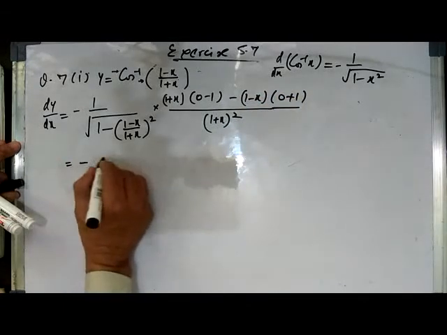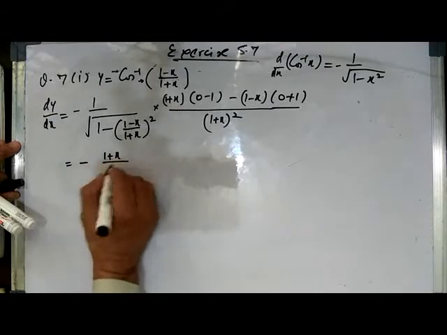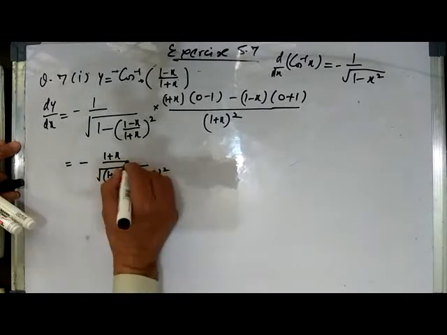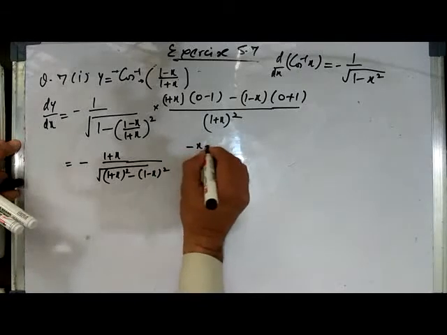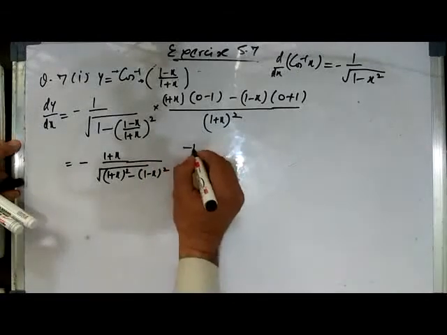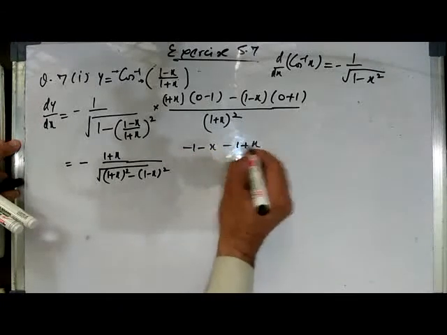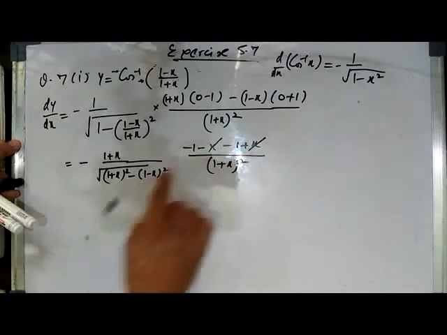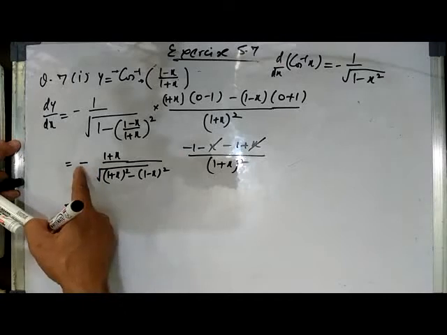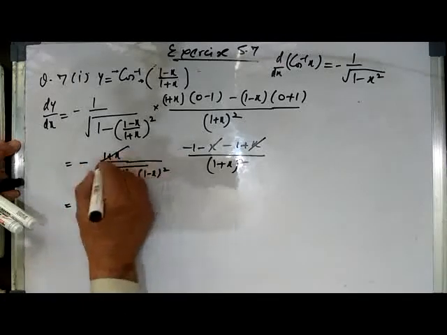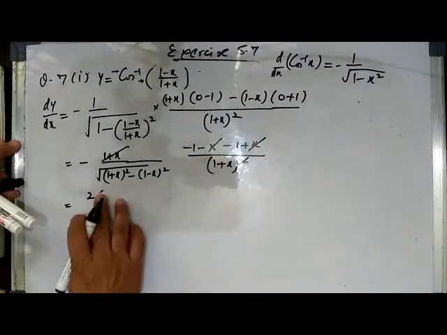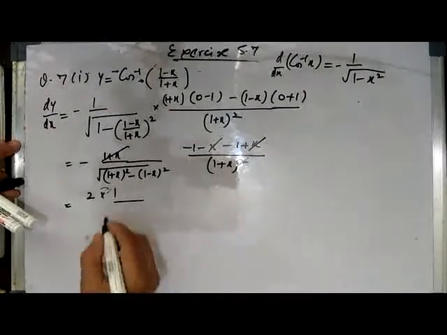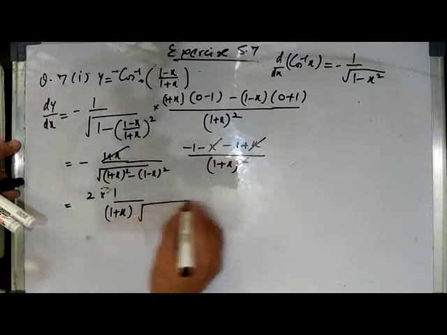Now further when you simplify this, it will be 1 plus x whole square and 1 minus x whole square. And it is nothing but minus, it is minus of (1 minus x) minus (1 plus x) upon (1 plus x) whole square. So x goes from here, minus 1 is minus 2, minus minus is plus 2 times 1, power of this is cancelled. So nothing is left here. 1 upon 1 plus x under root.